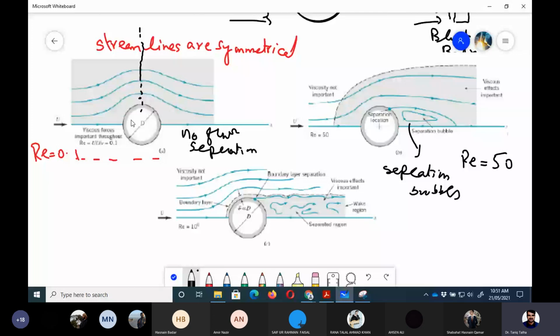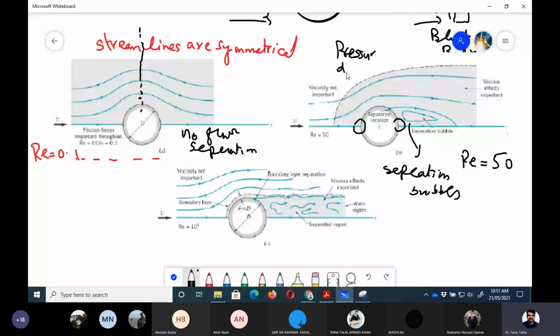But in this case, because there is a separated region here, there is no fluid here, so maximum pressure would be here, which is the stagnation pressure, and here we would have vacuum or negative pressure. So that's why the pressure drag component would be very high.